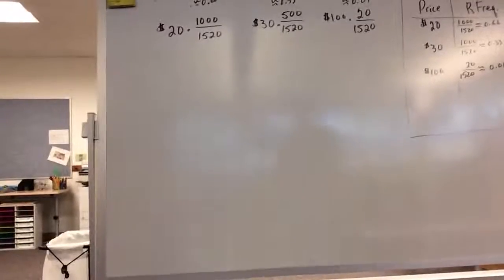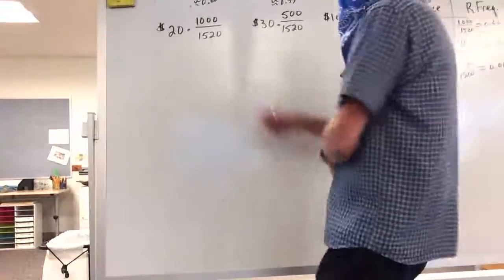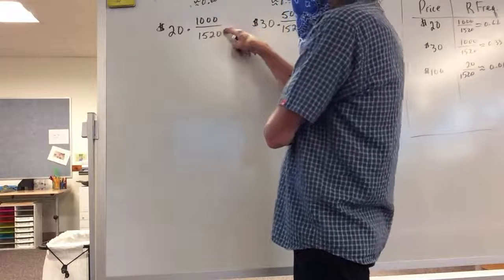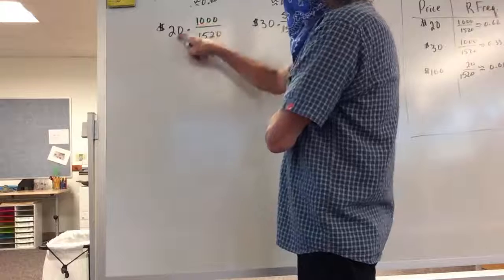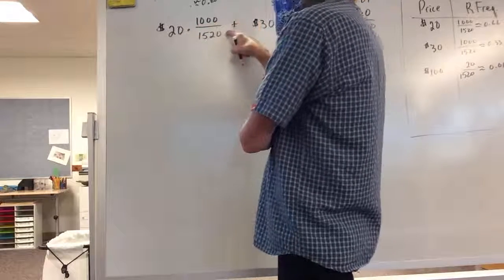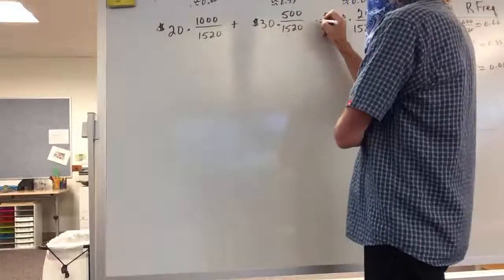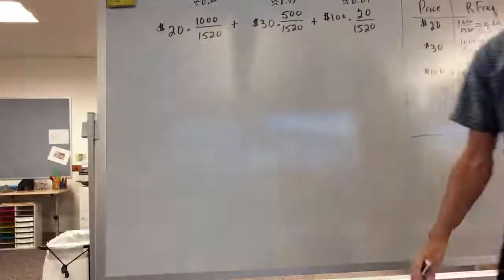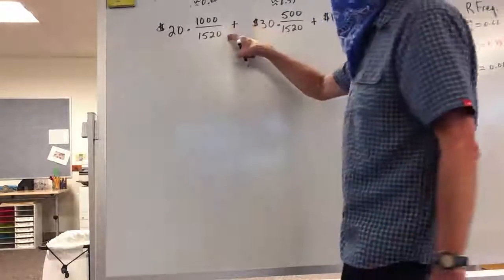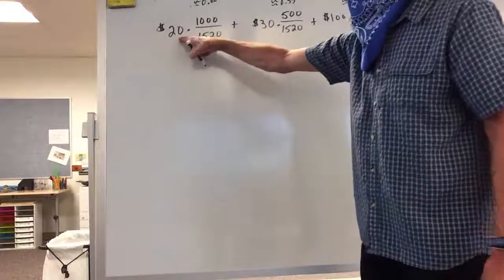So what I did when I wrote this out is I started out the weighted averaging. Here is the fraction of the tickets at $20. If we multiply that out and add it to this being multiplied in this, that gives us a weighted average, because the fraction is the weight, and this is the price.